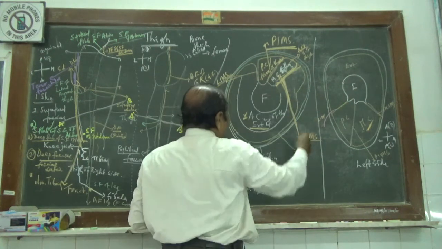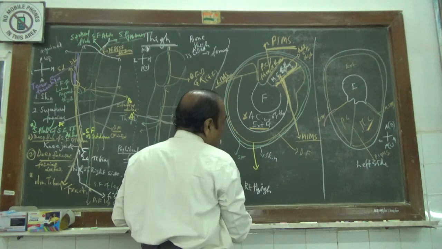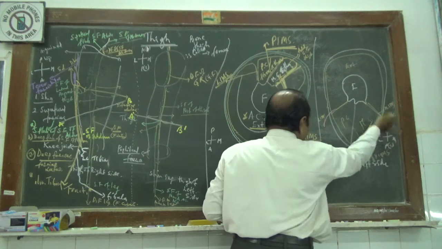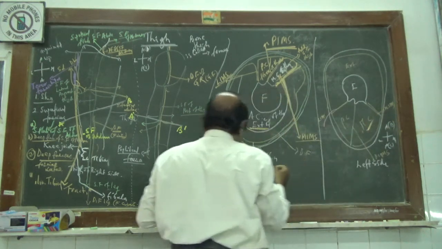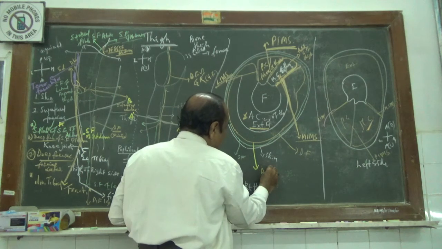this extensor compartment is fully in front, or if you are seeing from the back, it is deeply covered by the deep fascia of the thigh.